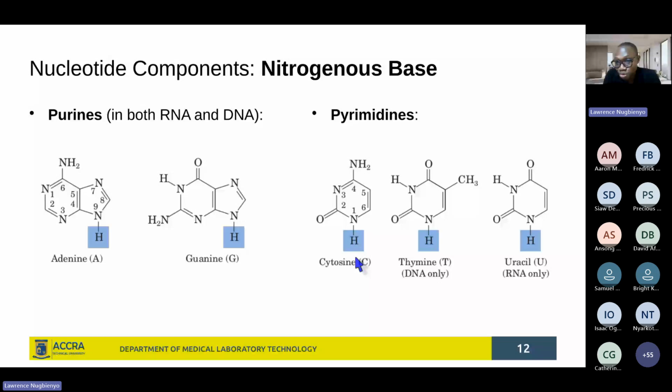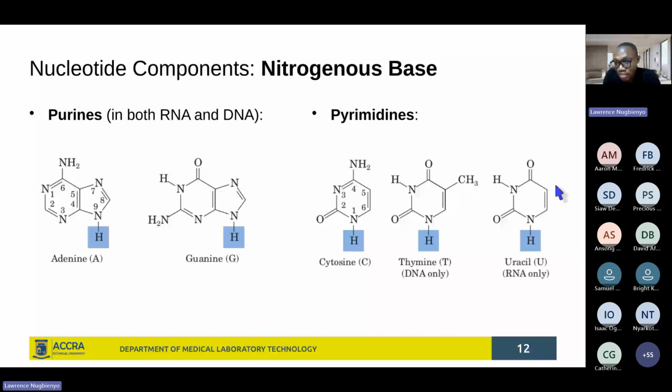Now, how do you distinguish between thymine and uracil? These two are having a double bond oxygen on carbon number 4. So that is something which is common to the two of them too. So how do you differentiate between them? What you see is that on carbon number 5, there is a methyl group, CH3, for thymine. You don't find that in uracil.